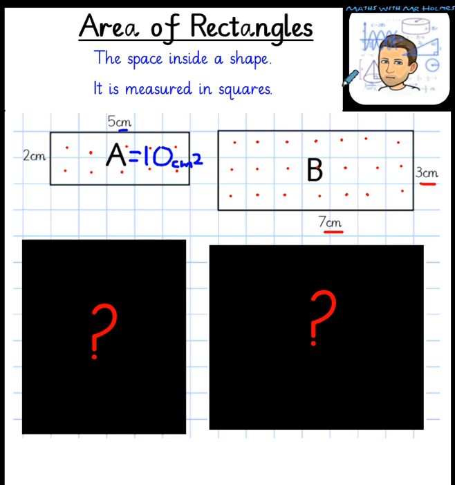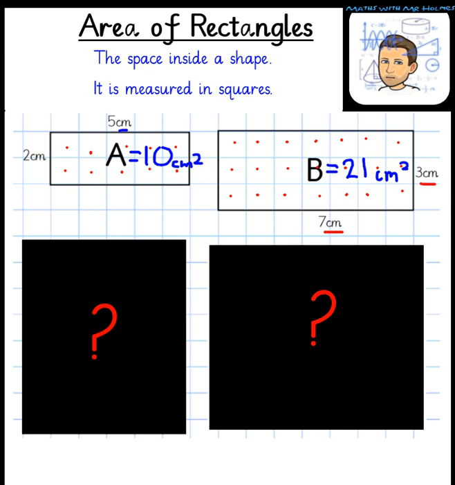If you're not sure of your 7s, then we could put that the other way around. So you could use your 3s. Find out the answer, and that would be 21 centimeters squared. Of course, you can check by counting the squares inside just to make sure.